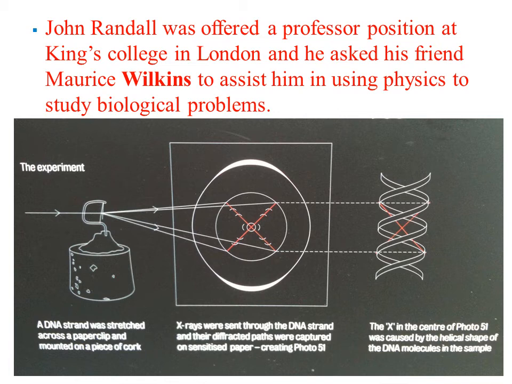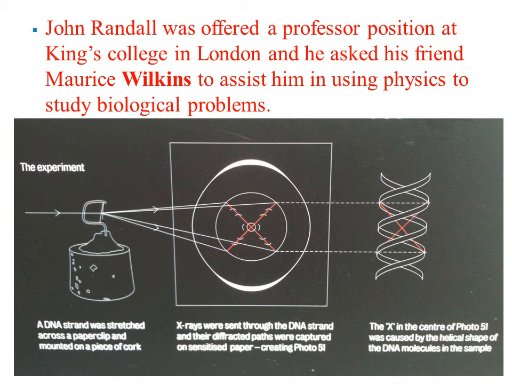Let's look at the next characters in this discussion. John Randall. He was offered a professor position at King's College in London, and he asked his friend Maurice Wilkins to assist him in using physics to study biological problems. So in this image, what they're doing is they are bombarding DNA with radiation.